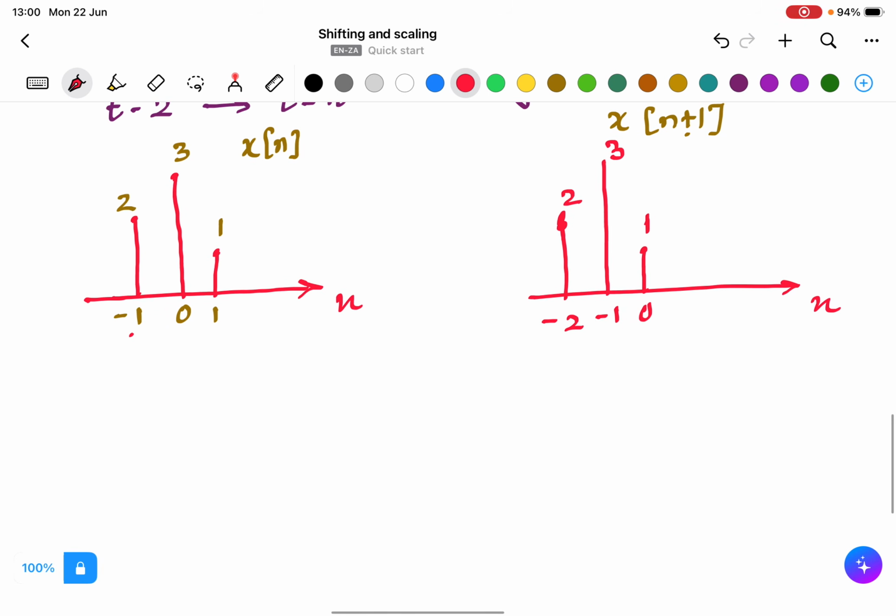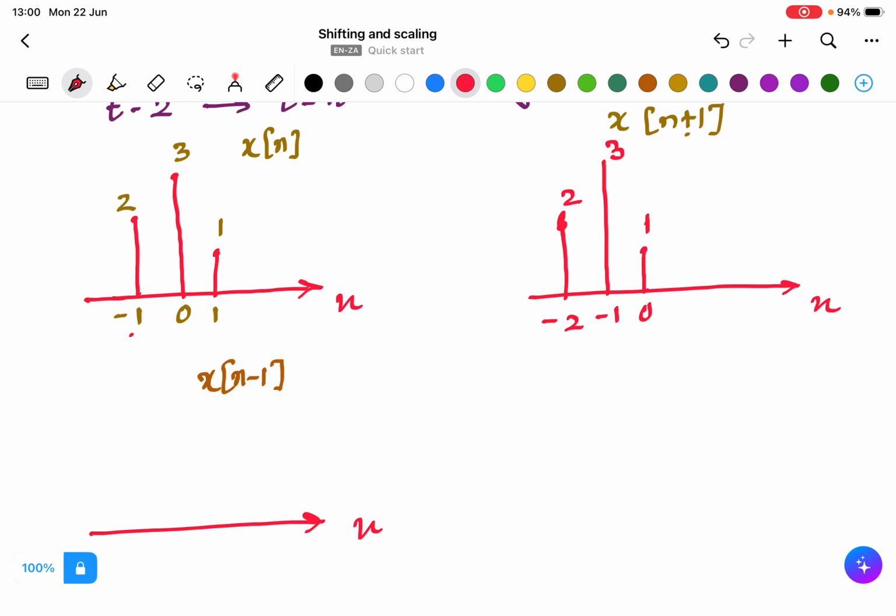Now if we shift to the positive side, writing it as x(n-1), then on a similar scale it will shift to this side.